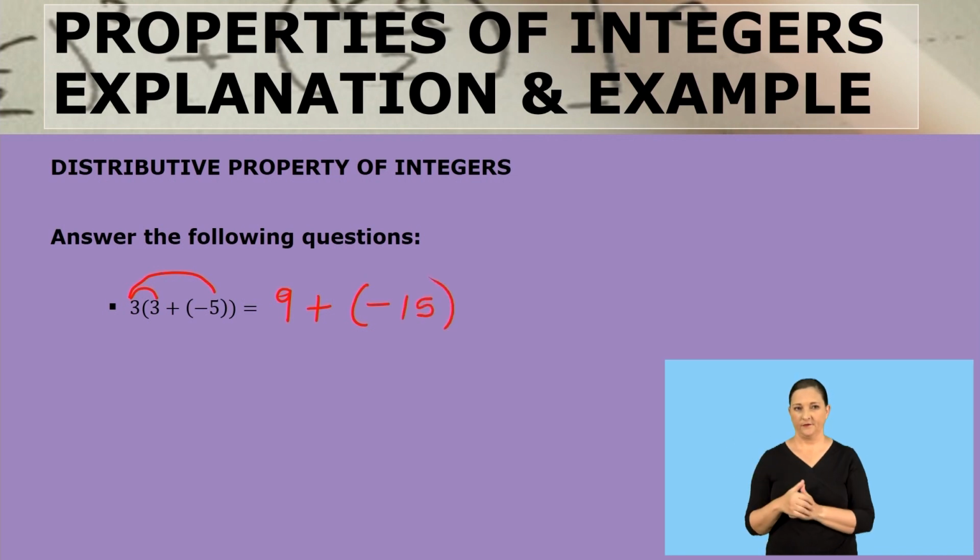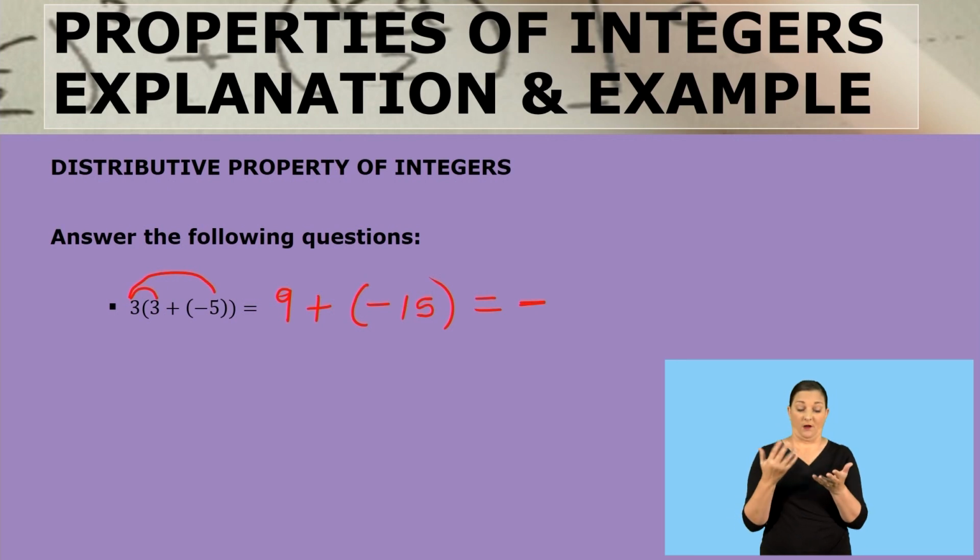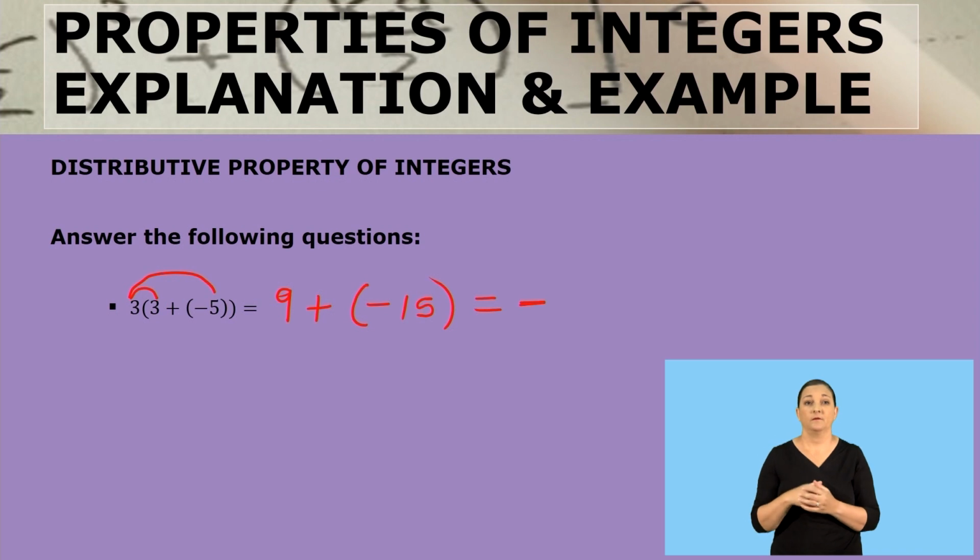And if we remember from adding and subtracting our integers, if I am adding a positive number with a negative number, the answer is going to take the sign of the one that is furthest away from the 0 on our number line, and that is the negative 15. So that means my answer is going to be negative, and if I now just subtract the natural numbers, then I am going to get an answer of 6. This means that my answer is a negative 6.